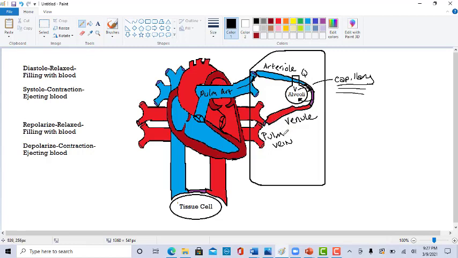Once it's out of the pulmonary vein, that's the end of your pulmonary circulation. One thing I want to highlight: arteries are defined as vessels going away from the heart. Veins are vessels going towards the heart. So your pulmonary artery has deoxygenated blood because it's going away from your heart into your lungs, and your pulmonary veins have oxygenated blood because they're going towards the heart from the lungs. So this is your pulmonary circulation here. It starts at the pulmonary artery and it ends at the pulmonary vein.